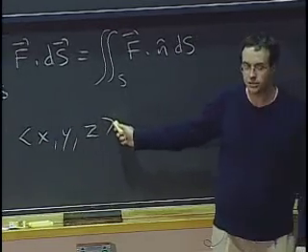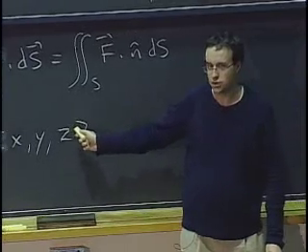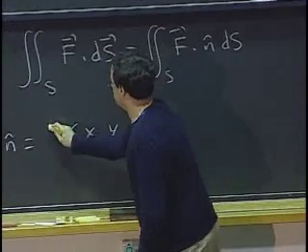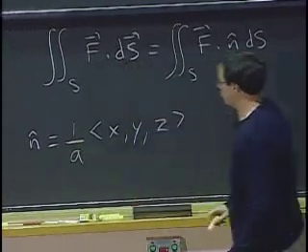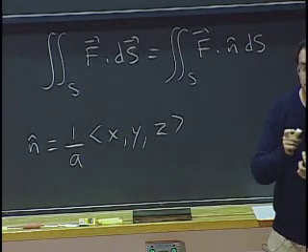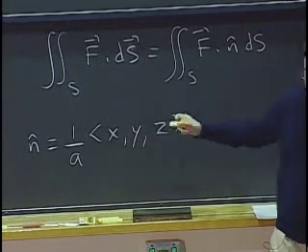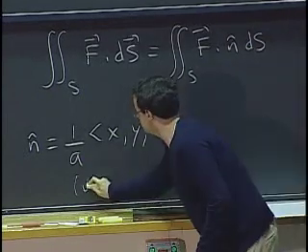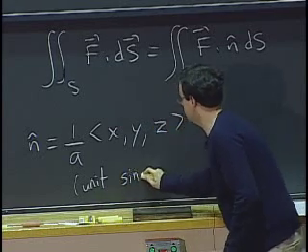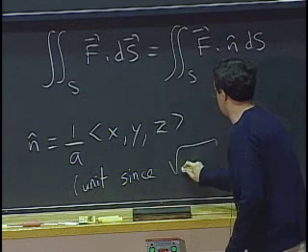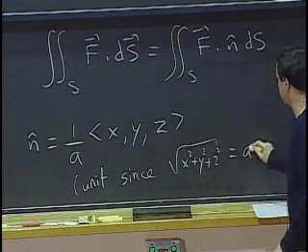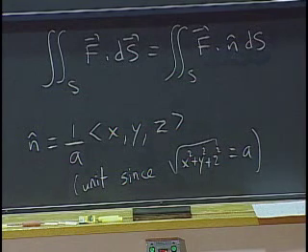But if I'm on the sphere, then that length is just equal to a, because the distance from the origin is a. So in fact, I get my normal vector by scaling this down by a factor of a. Okay? And let me write down, just in case you're still unsure, this is a unit vector because square root of x squared plus y squared plus z squared is equal to a on the sphere.